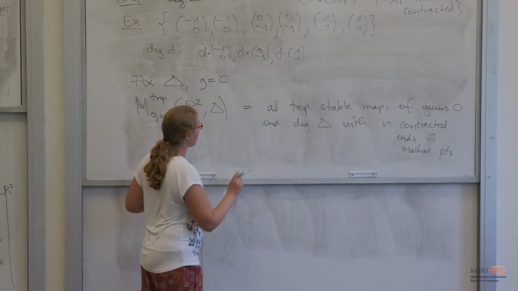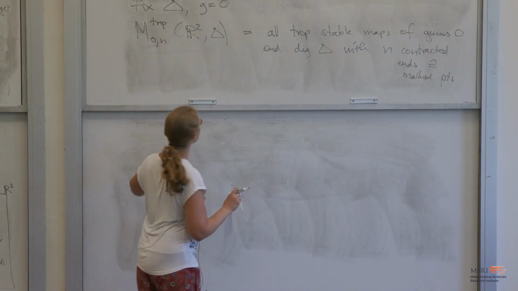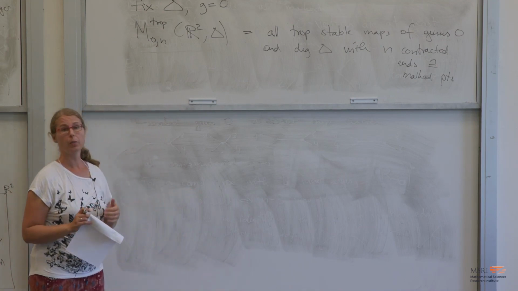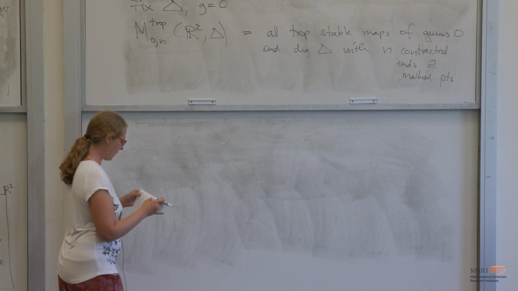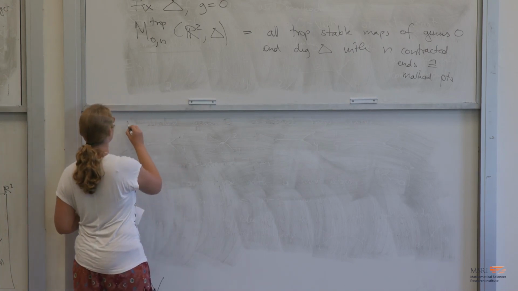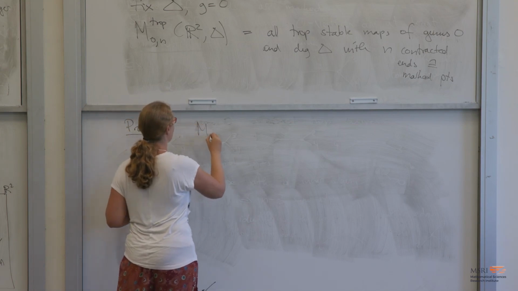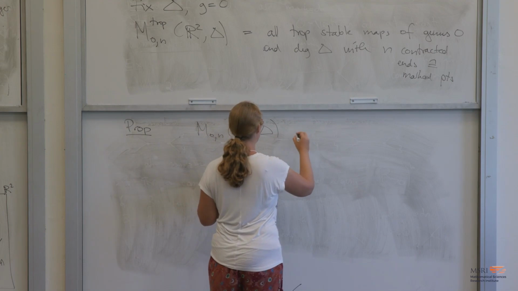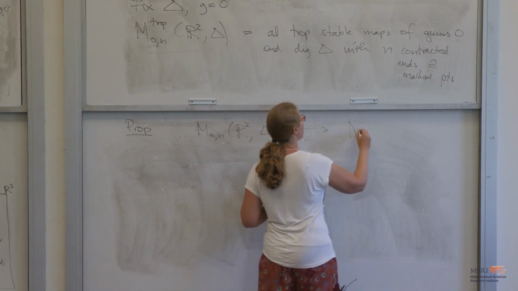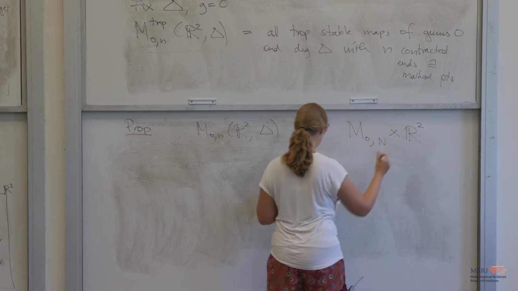Okay. Now this is still just a set. I promised you that my tropical moduli spaces will have some structure, namely the structure of an abstract polyhedral complex. How is that achieved? That is achieved by understanding the following equality. I claim that M0,n trop of R2, delta can be identified with M0,N trop times R2.